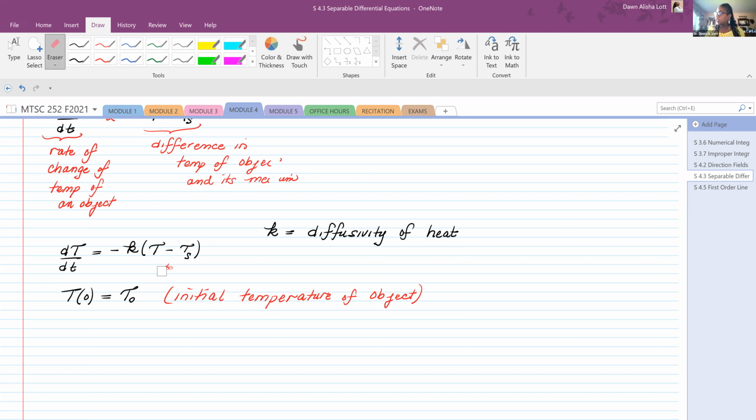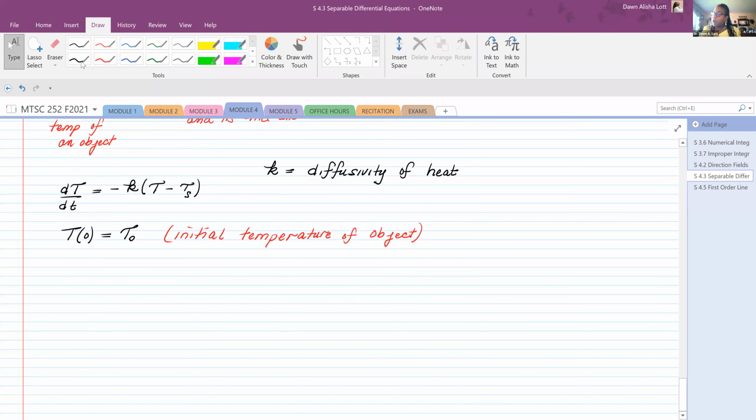We're going to solve this problem just like we solved the other one. So we take dT over T minus TS equal to negative K dt. Always leave that constant up, don't put the constant in the denominator.